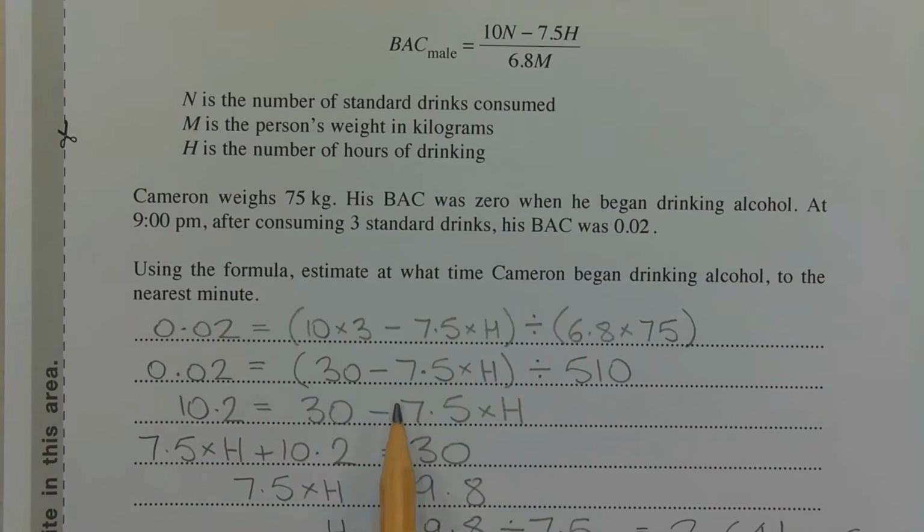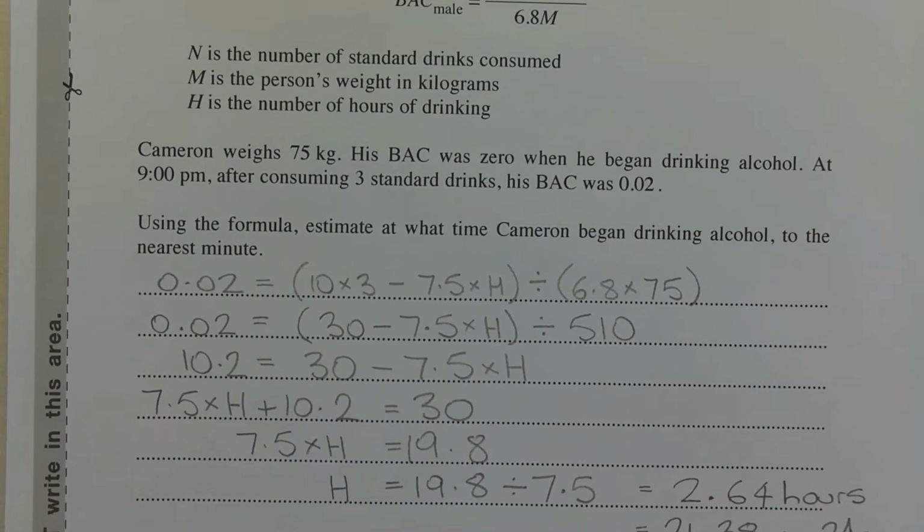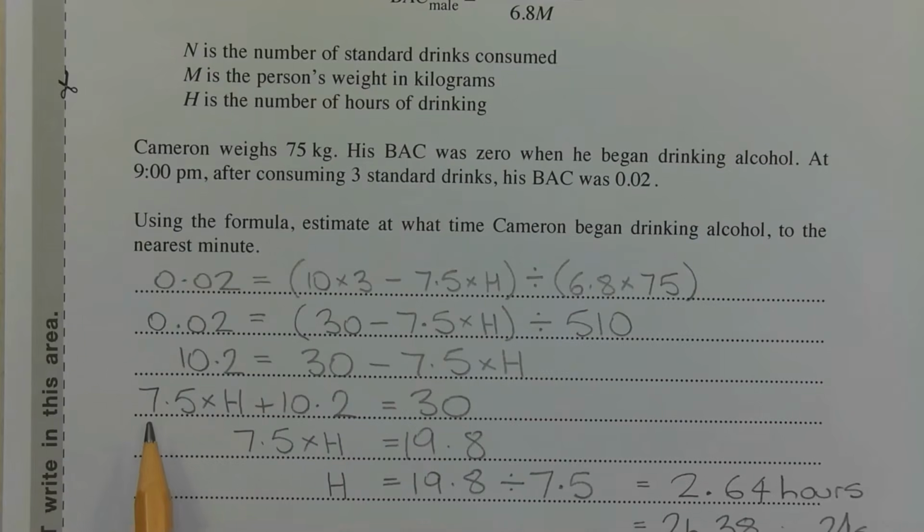Now, since negatives can be problematic, and also we want h ideally to be on the left-hand side of the equation, what I've done here is I've added 7.5 times h to both sides of the equation, which effectively cancels this negative 7.5 times h, moves it over to the other side, and it becomes a positive, which is more ideal. So the equation is 7.5 times h plus 10.2 is equal to 30.